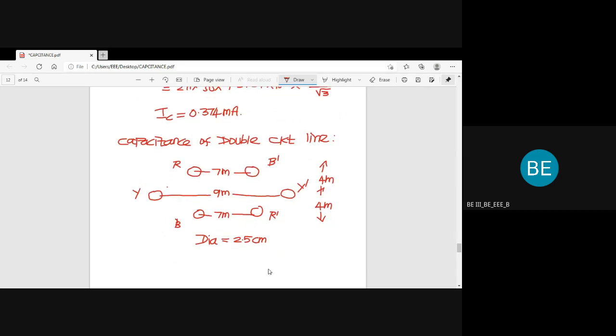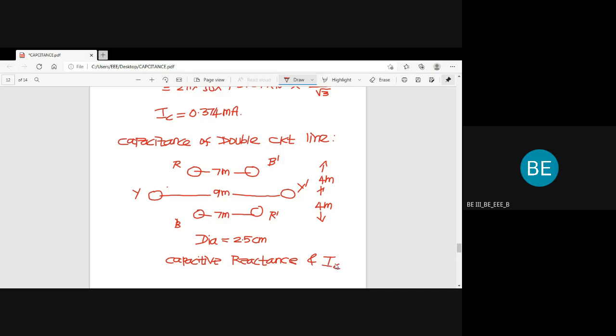They are asking us to find the capacitive reactance and charging current per phase.